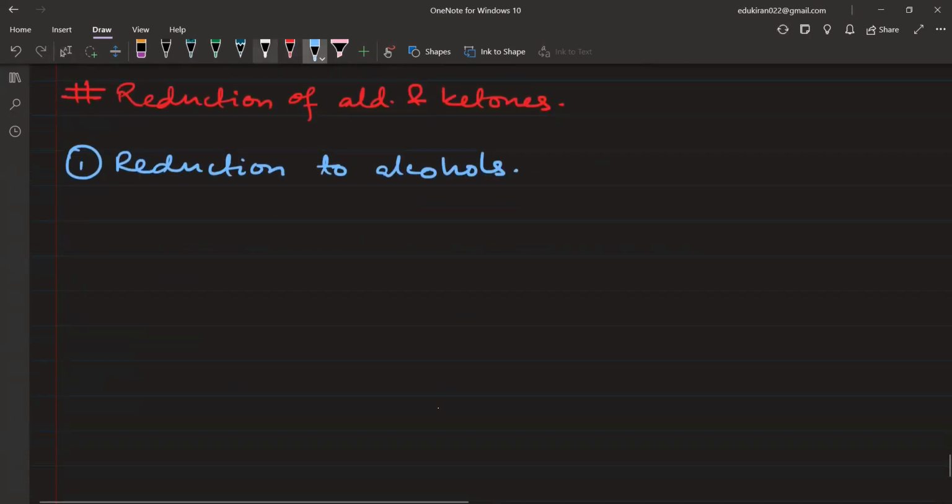So please write, if you have a carbonyl carbon like this with two groups attached, you can use 3 different reagents.